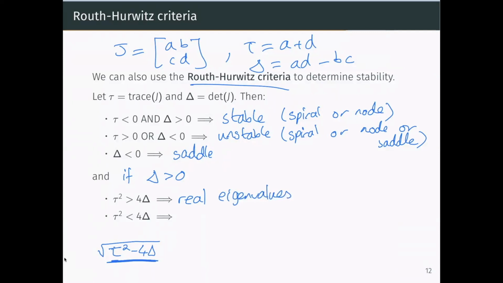And that means we have a node. So this is just for these 2 cases here. And if tau squared is less than 4 delta, then the discriminant is going to be negative, and so we're going to have complex eigenvalues. And so we'll have a spiral or a center.